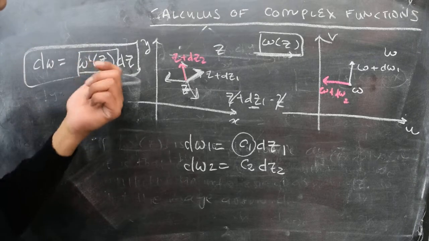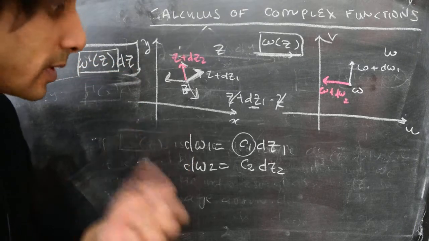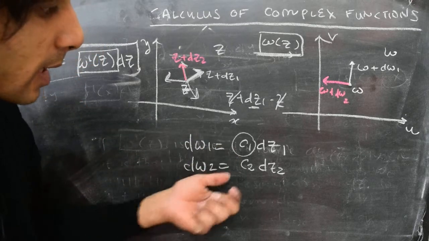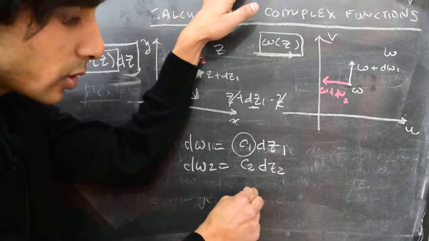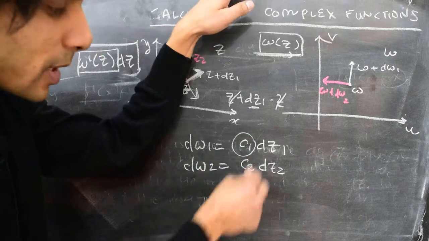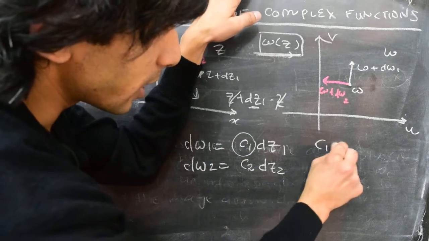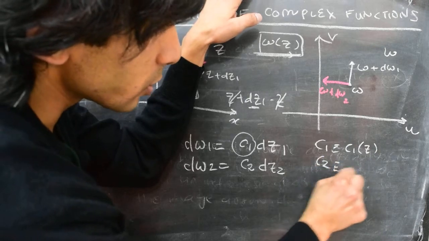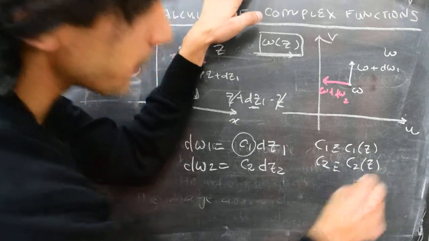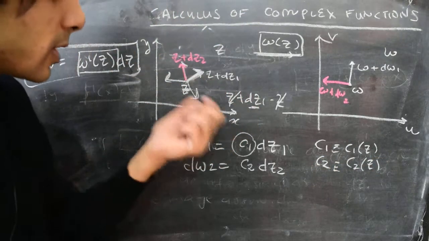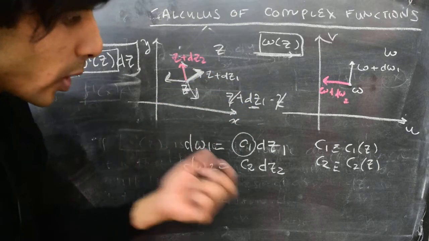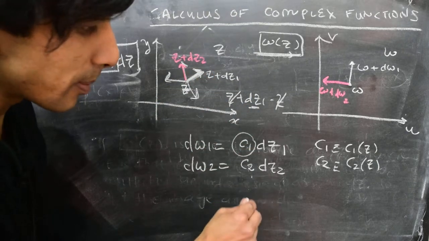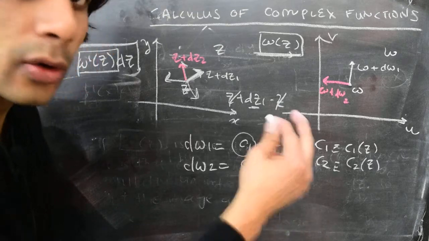Now, if we want a derivative to exist at the point z, then we want these complex numbers, which are not constants because c1 is implicitly a function of the point z, and c2 is also a function of the point z, to all be the same. If a unique derivative has to exist at a point z, then all these complex numbers with which we multiply the arrows must be the same.